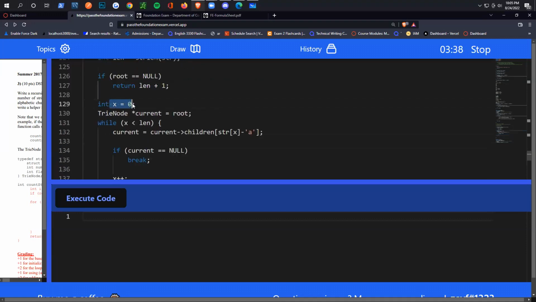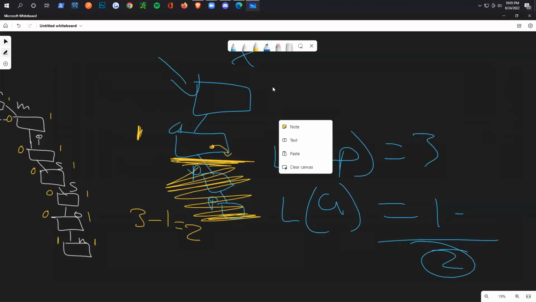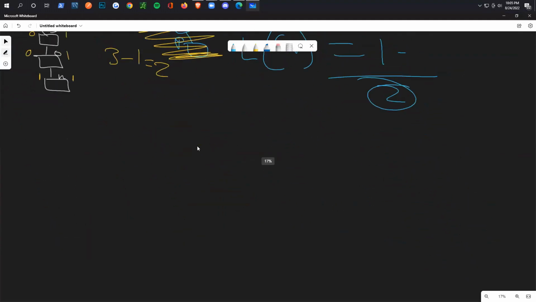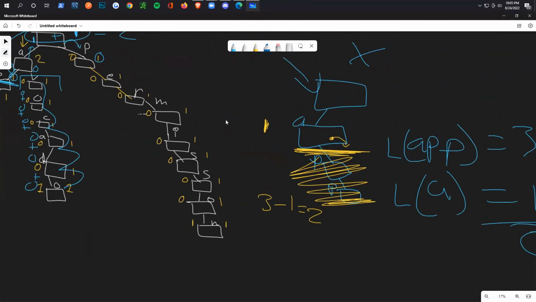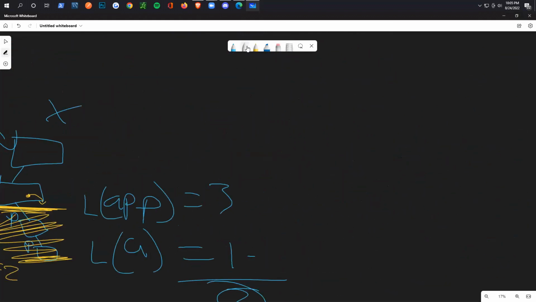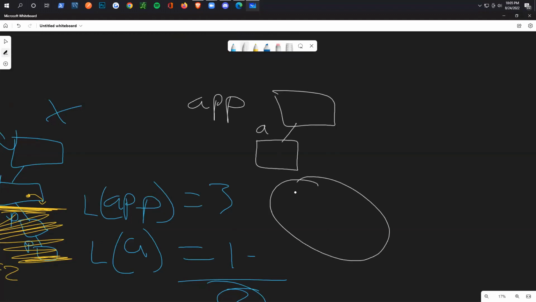So we have this variable that's going to keep iterating while we can go down certain paths for a word. But let's say we get to where we're going to add the word. So we get to A, and then there's no P. We're going to add an app, right? So these two are not here.